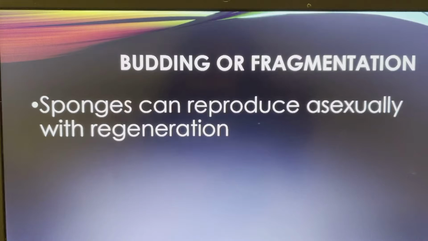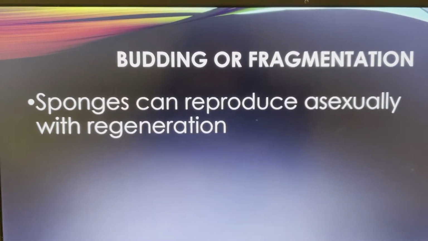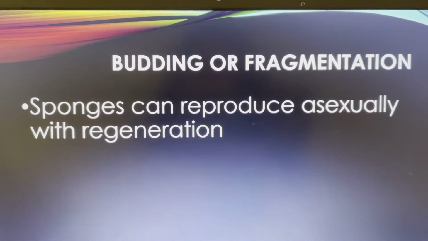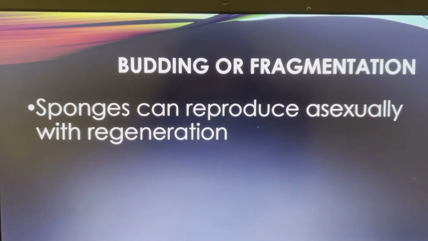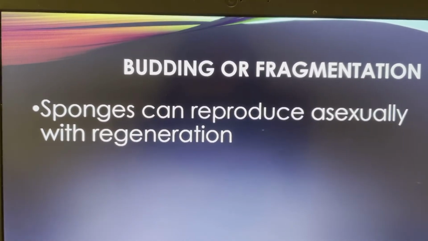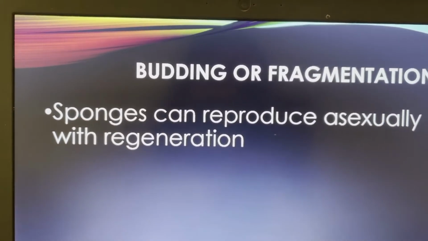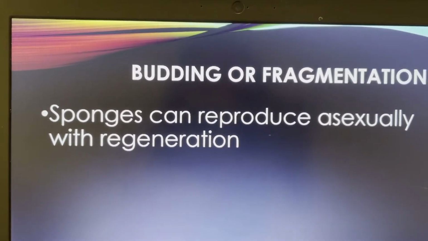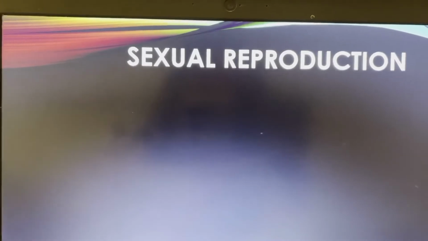Gametes refers to the sex cells, the egg cells and the sperm cells. So no sexual gametes are involved. That is why budding or fragmentation is called asexual reproduction with regeneration.